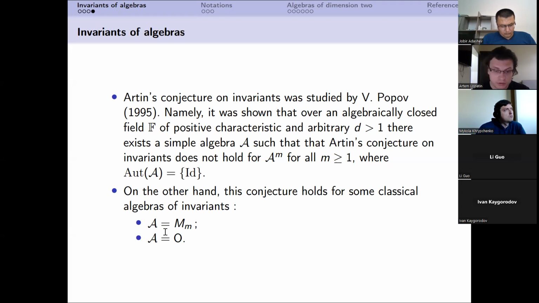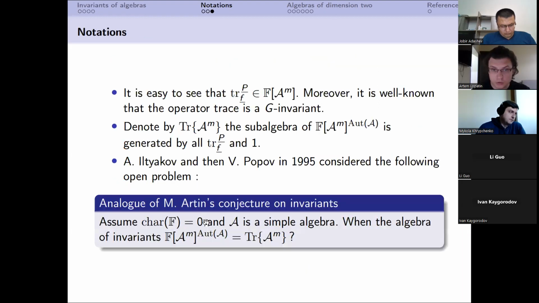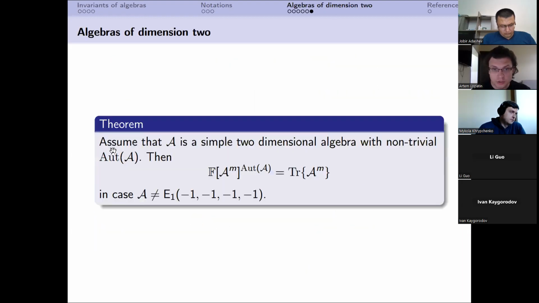And so that was the motivation of calling this conjecture the Artin conjecture, because it relates back to the original conjecture of Artin. As I said, of course, in the case of an arbitrary simple algebra, it doesn't hold. But if we, for example, put restrictions, let me show our result, that the group of automorphisms is non-trivial, then it may still hold. We don't have a counterexample to it.